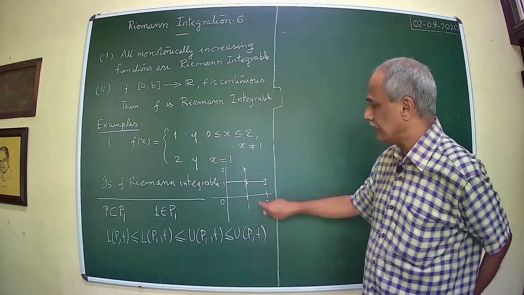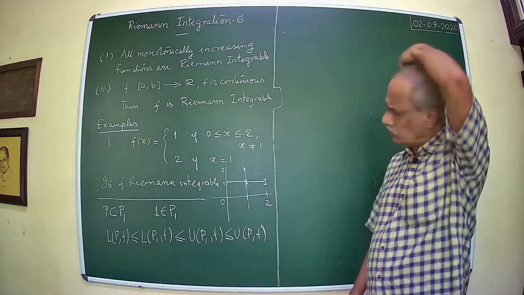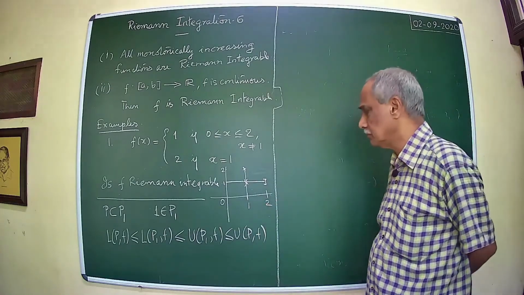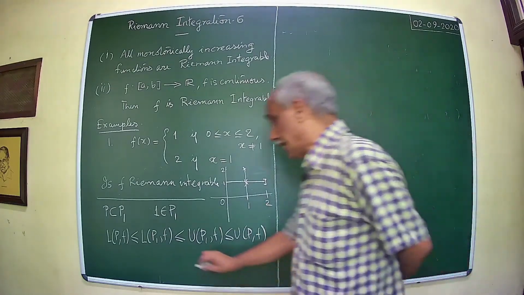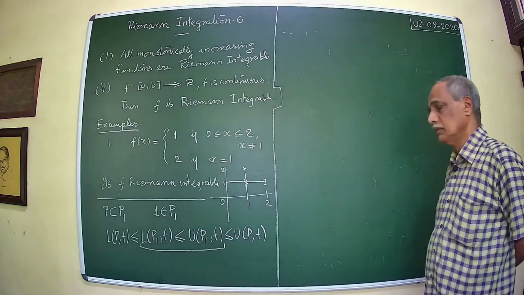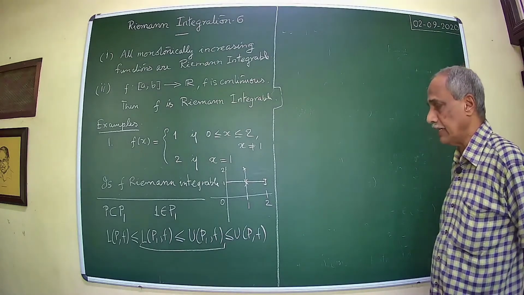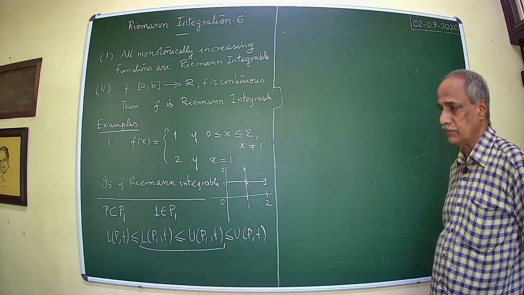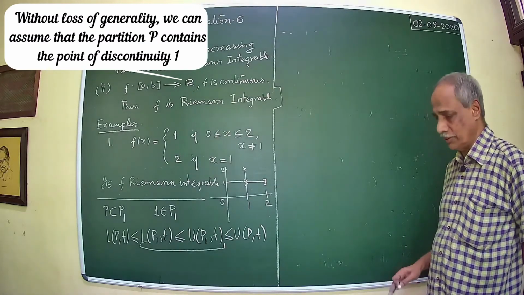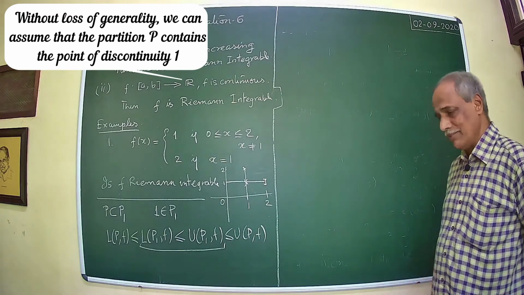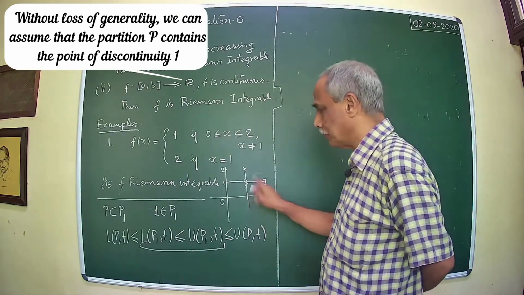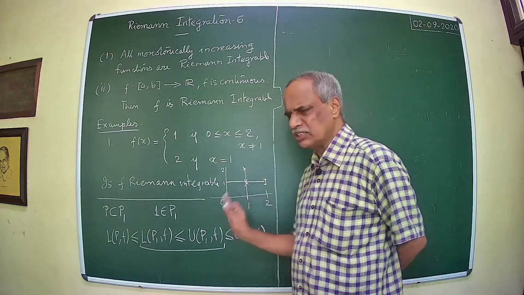Therefore, if the partition does not include 1, you can always get a refinement of P which includes 1. And then for that one, we try to compute the upper sum and the lower sum and get the difference. So any partition can be, without loss of generality, chosen as having the point of discontinuity in it. So that is no problem.